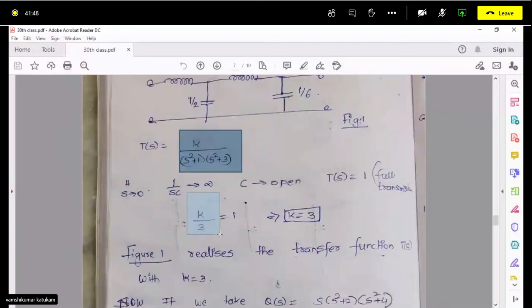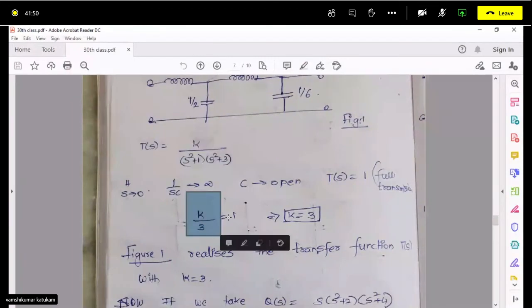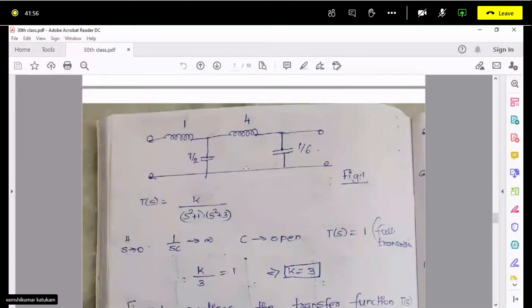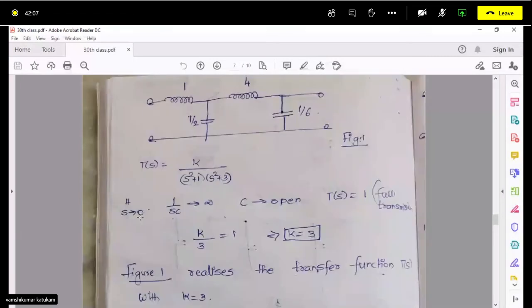The transfer function is k by 3, so this is like a low pass filter. In an LC network we don't call it low pass, right? RC we will call it that, so that's why I'm not calling it that. So you can substitute s tends to 0, and K is equal to 3.